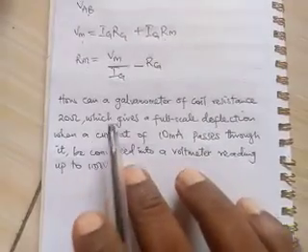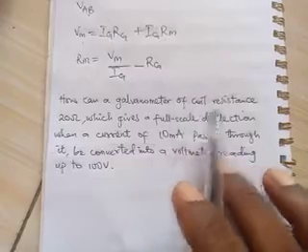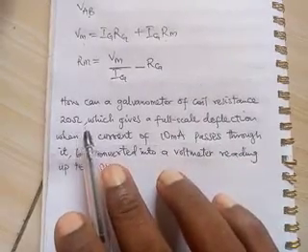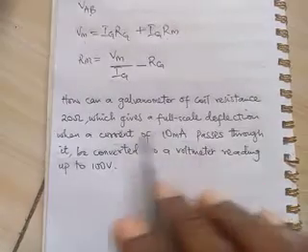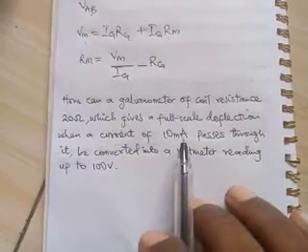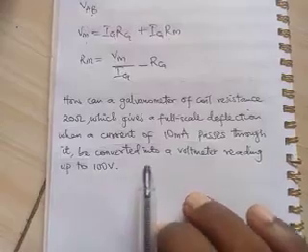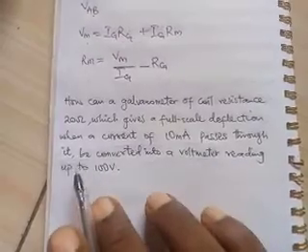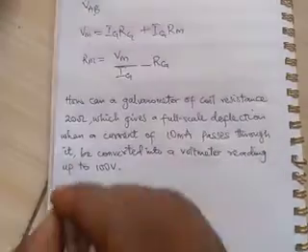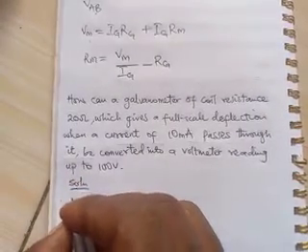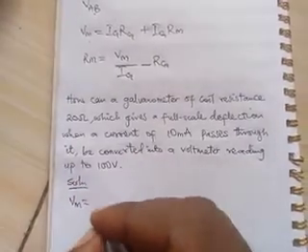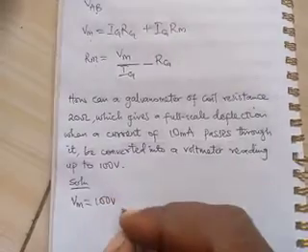This question says, how can a galvanometer of coil resistance 20 ohm, which gives a full-scale deflection when a current of 10 milliampere passes through it, be converted into a voltmeter reading up to 100 volts? Since it will read up to 100 volts, the highest voltage it will have to read is 100 volts.